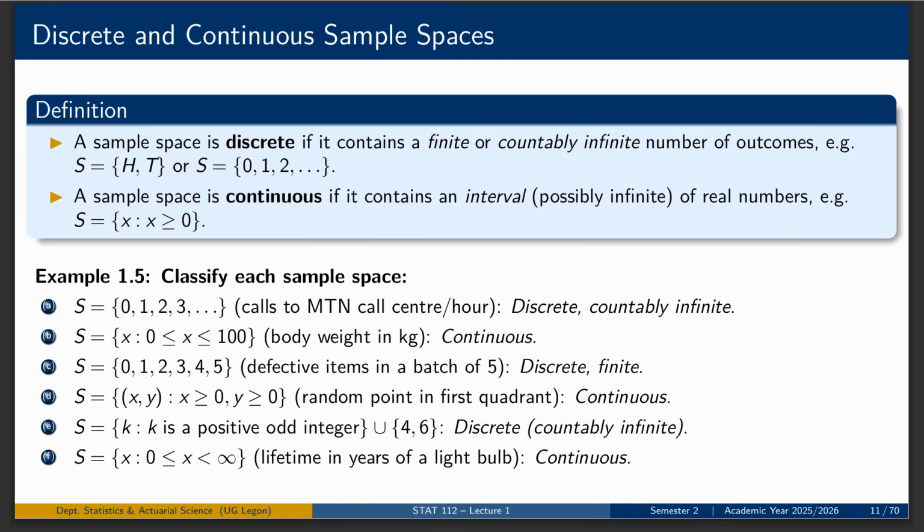So where do you end? But if it was an intersection, then you are going to get, in this case, a null set, and that will be finite. Then X is between 0 and infinity, lifetime in years of a light bulb, that's continuous.